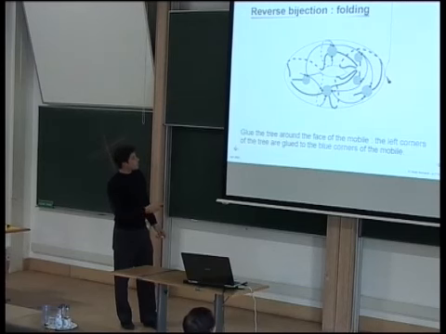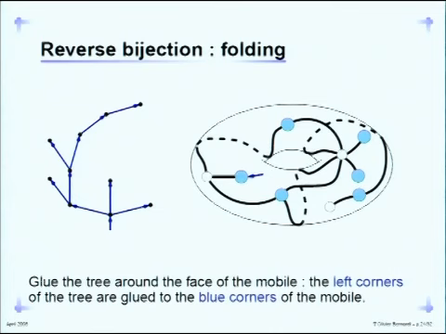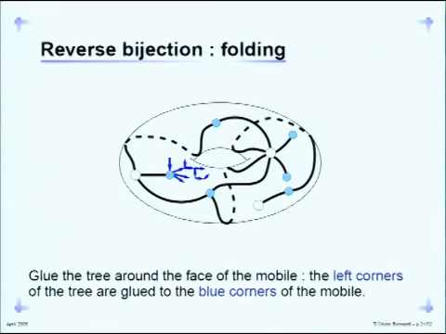Okay, so this is what was indeed happening in my construction when I have the two things together. So I have no choice to do that. I will start putting my tree on this face, and I want to glue each vertex of my tree one by one on each of the blue corners of the mobile. So it starts like this.